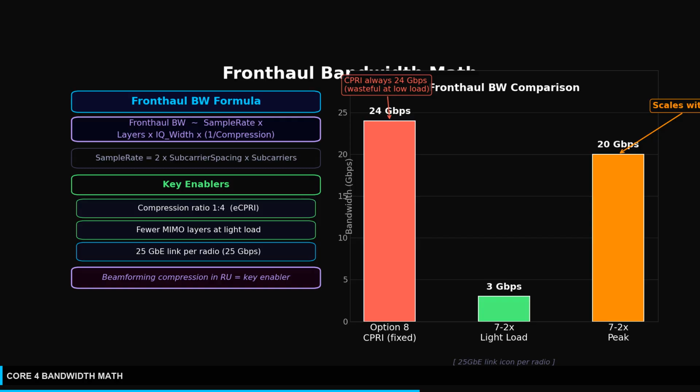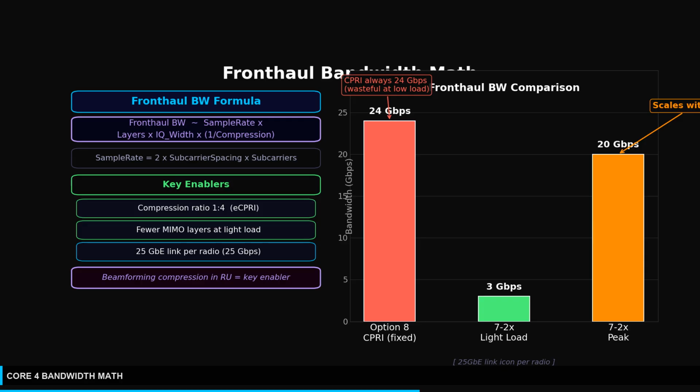A 100 MHz carrier, 32 transmit-receive radio, with realistic beam forming, will typically need something in the range of 10 to 25 gigabits per second on the fronthaul. Notice that range. It moves with the number of layers after beam forming, not the raw antenna count, because beam forming compression in the RU is what keeps this manageable. Without it, a 64T64R massive MIMO radio would be completely impractical to feed.